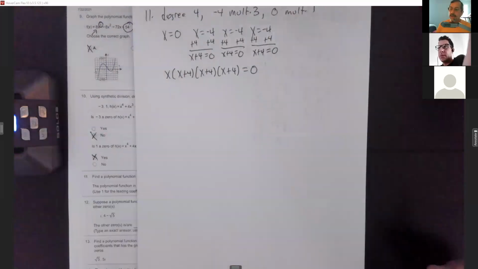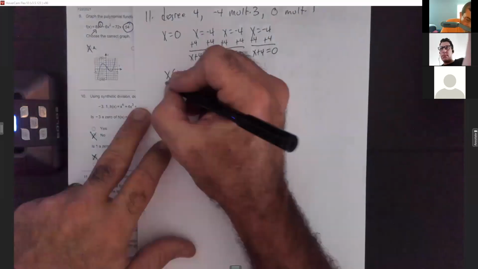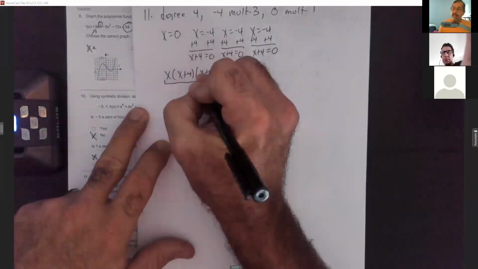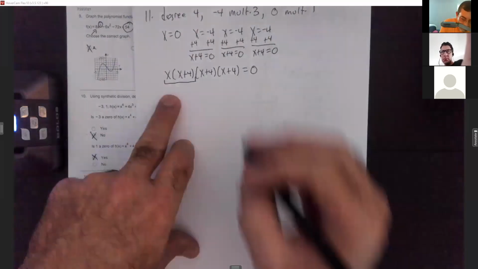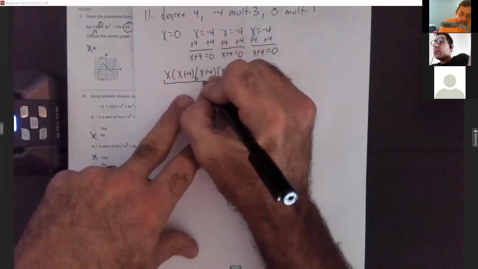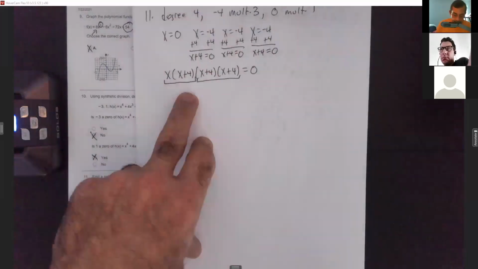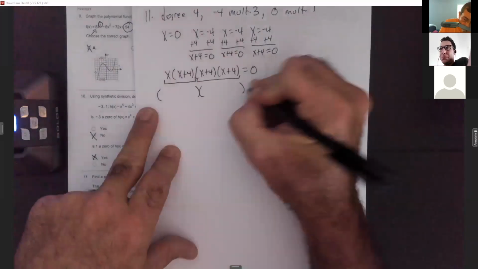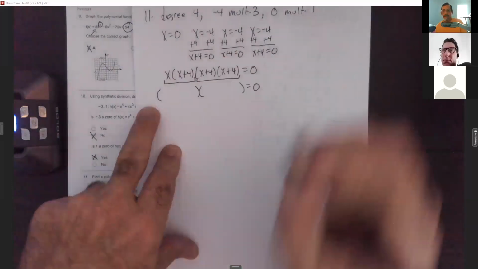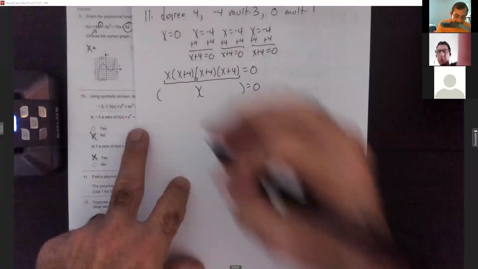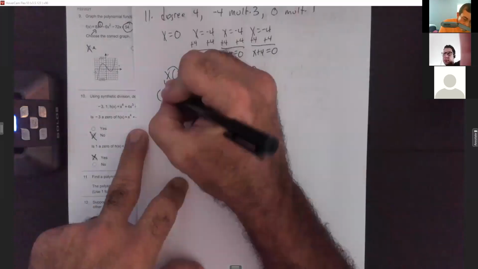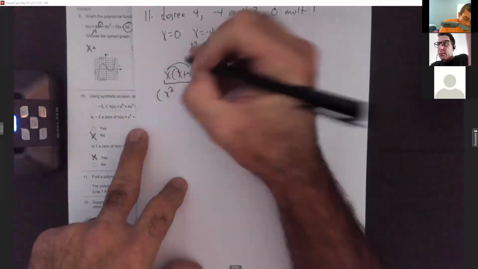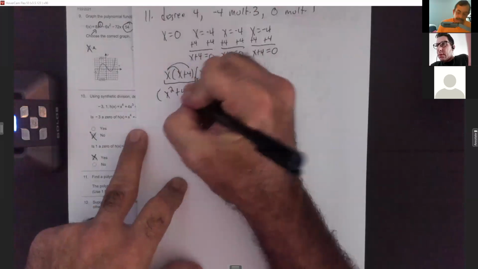All right, here's what I'm going to do. I'm going to distribute the x through the first parentheses, and I'm going to FOIL the second parentheses. So if we distribute this x times x is x squared. x times 4 is 4x.